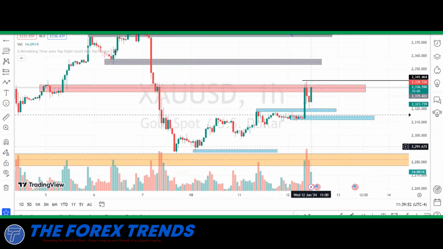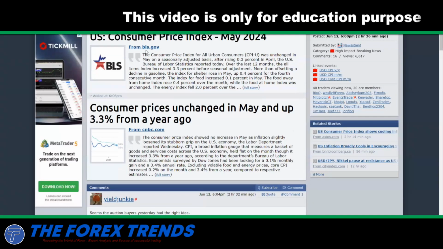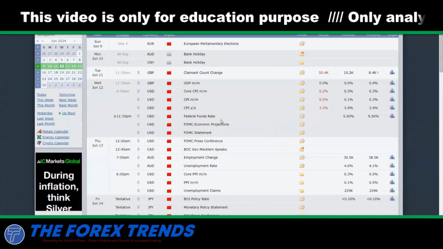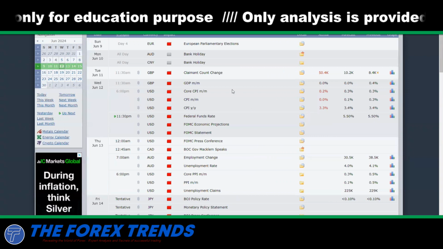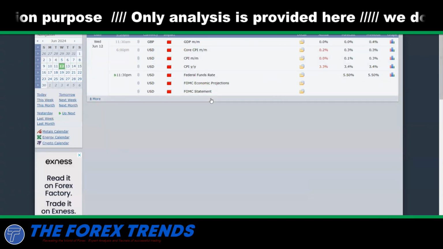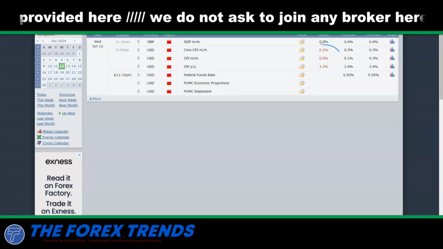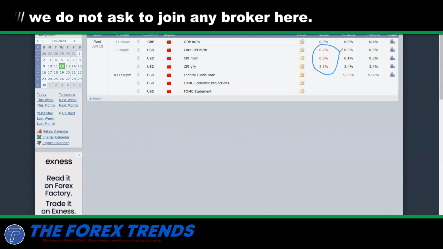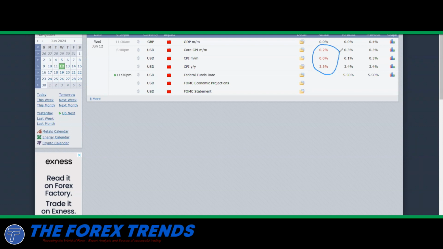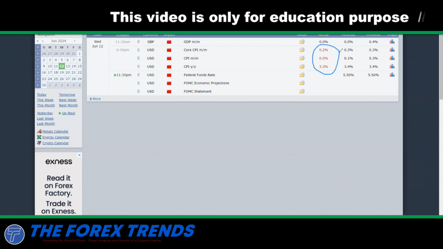Let's look at the fundamentals. As you can see, today we have big news, that is CPI data, and it came negative for the dollar.